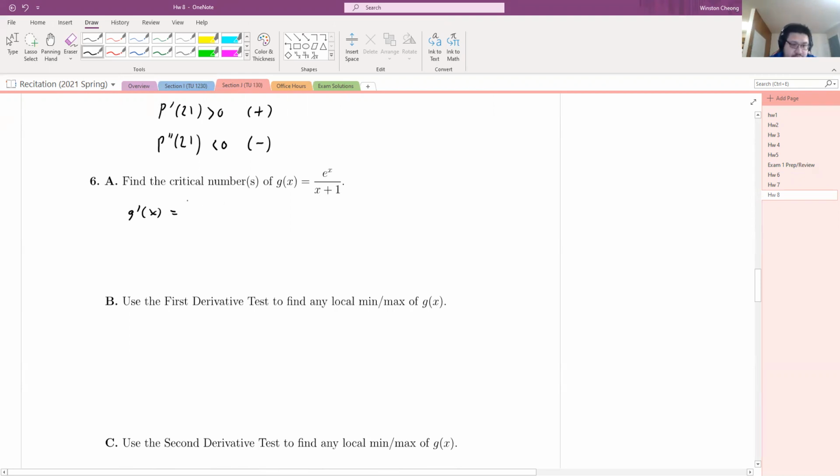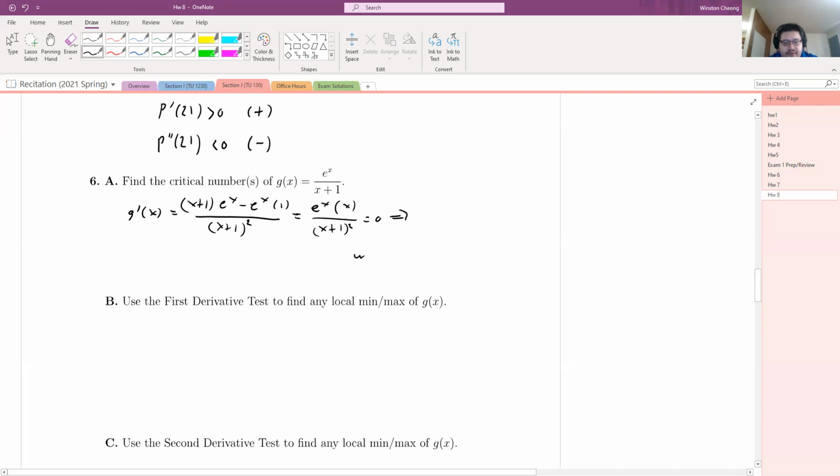So when we take the derivative, we're going to have x plus 1 times e to the x, minus e to the x times 1, over x plus 1 squared, which we would try to simplify a little before we can actually set it equal to 0 and solve. So I can pull an e to the x out, and then I'll have an x plus 1 minus 1. So I'll have an x over x plus 1 quantity squared, and we would want to set that equal to 0.